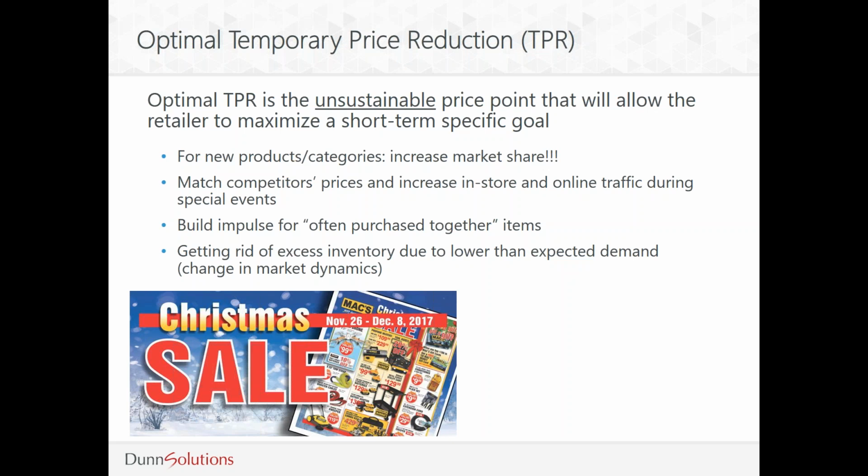We have to realize we're not the only ones selling our products. If the global demand for our products or category decreases or changes, then we might end up with more inventory at hand than we had anticipated or forecasted. And lowering our prices is a way of getting rid of it.